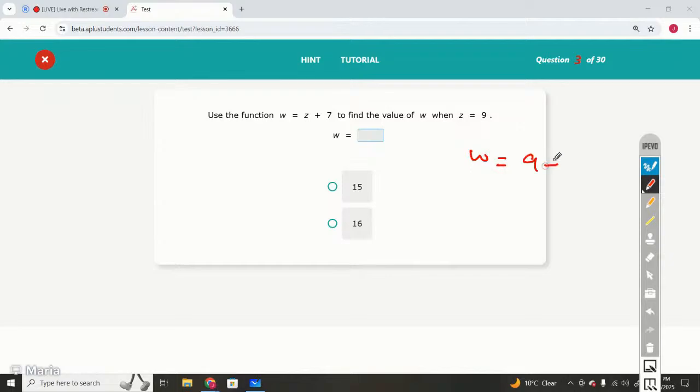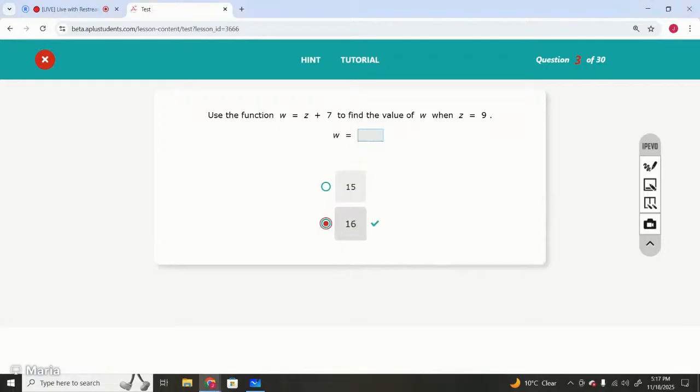So replace the variable z with the value. So 9 plus 7 equals 16. It is option number 2 that is the correct option. The correct option is 16.